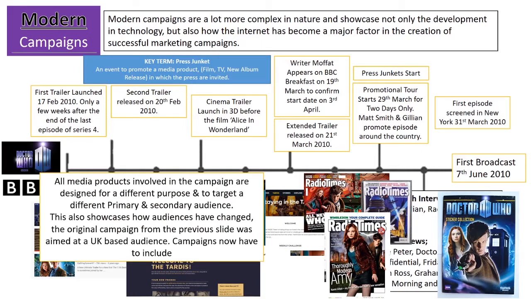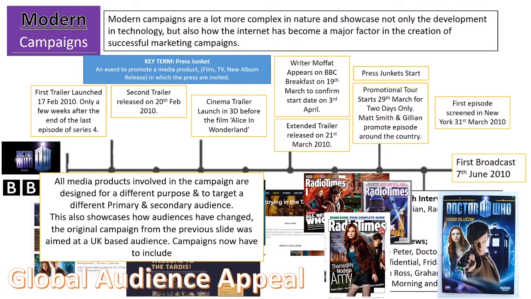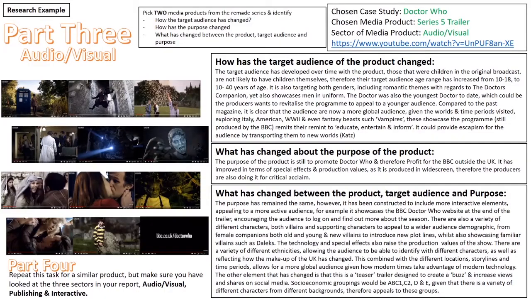So it showcases how audiences have changed in terms of their consumption, as I've shown previously, but also that they have changed from a more local UK based to a now more global audience appeal, being able to reach around the world as opposed to just centralised in the UK. So try and bear that in mind when you're analysing in part 3.